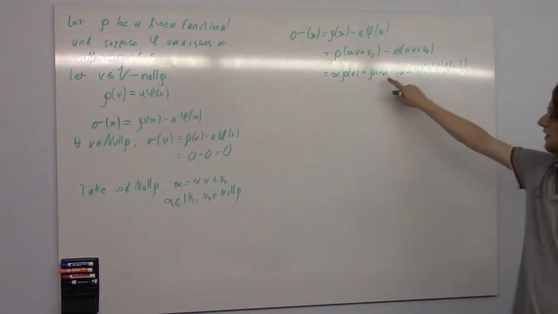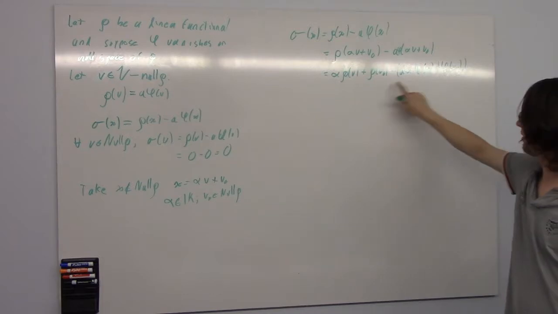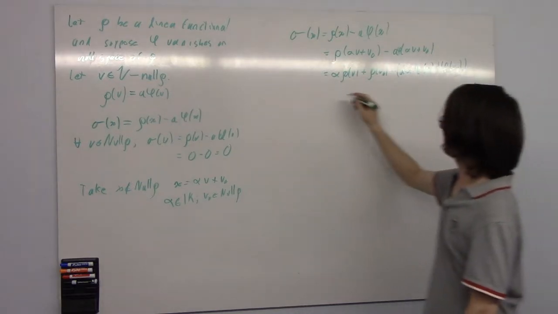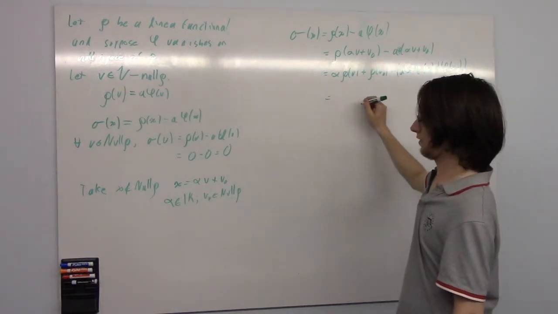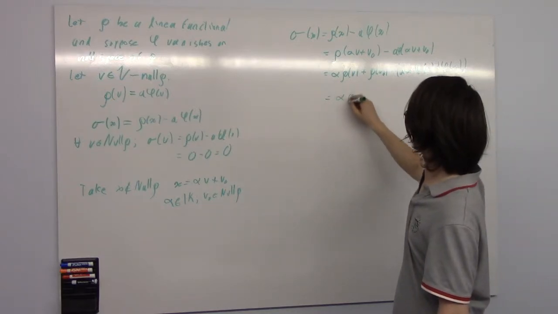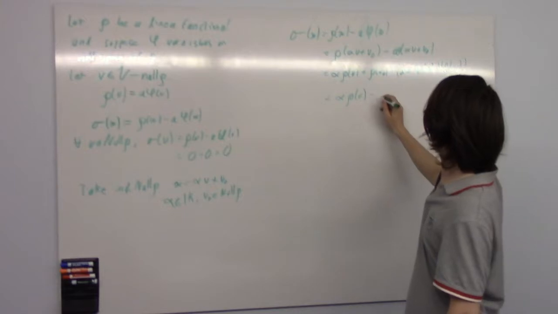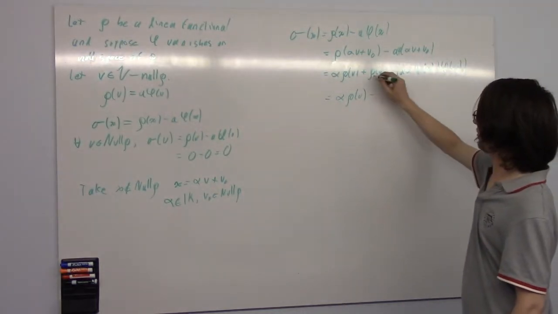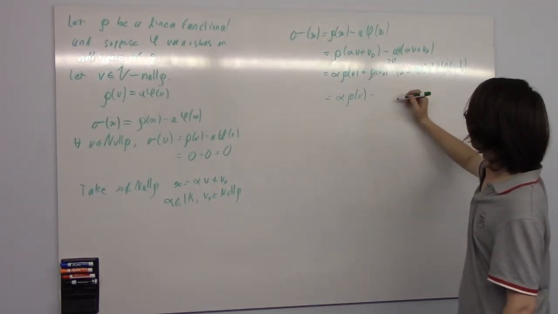Well, v naught is in the null space, so this goes to 0.